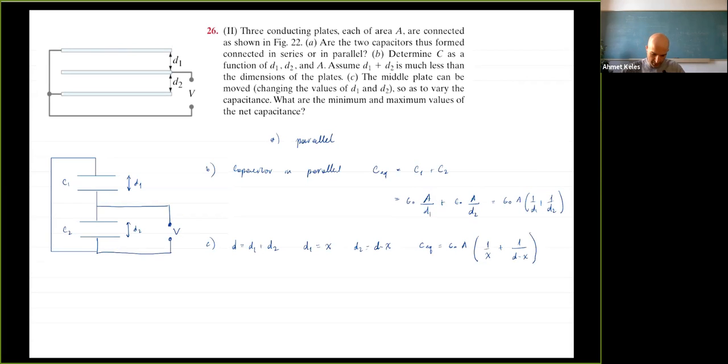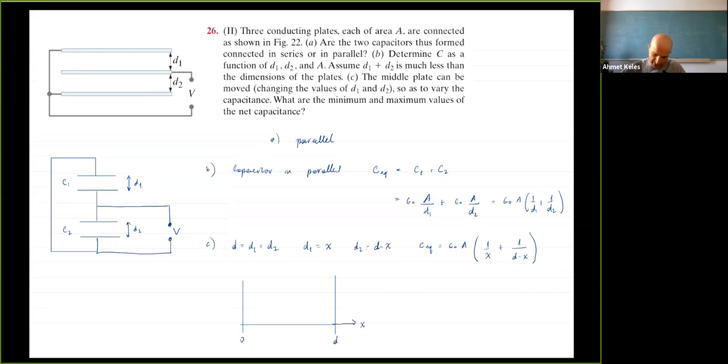So what are the maximum and minimum net capacitance? I think the usual way is you can find the minimum of this thing, but we can do it graphically for this case. I can plot it as a function of X. So let this be X. So this is 0.